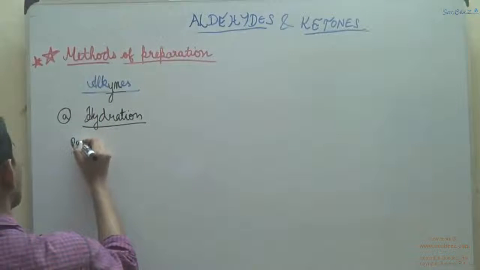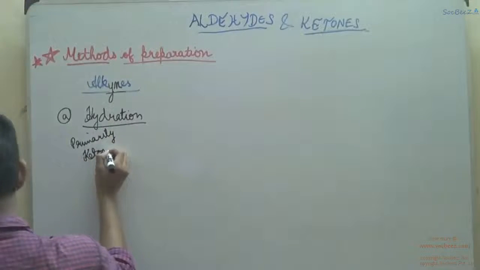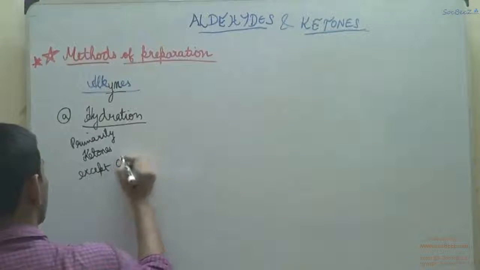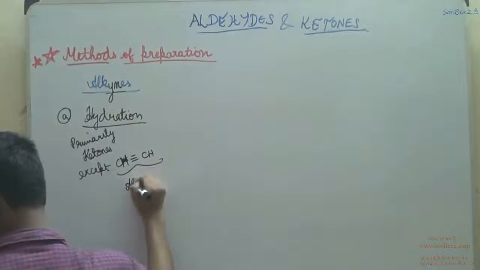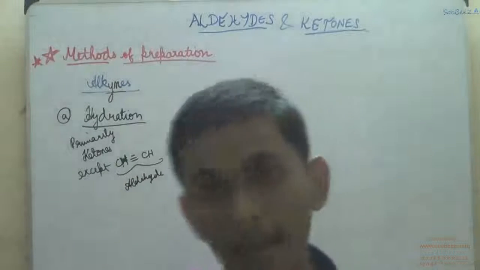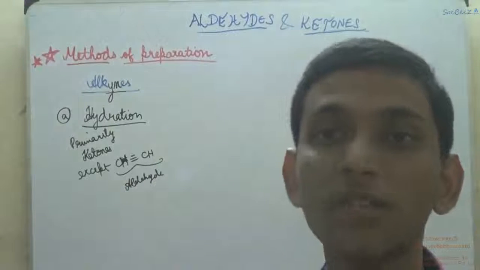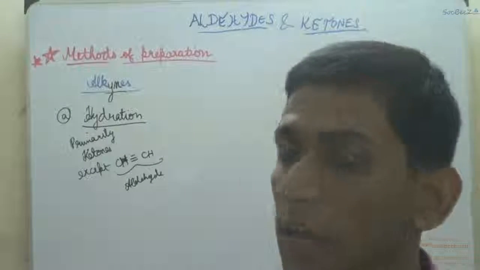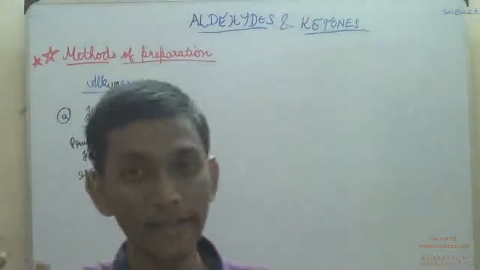Remember, you'll get primarily ketones except in the case of ethyne. In this case, you'll get aldehyde. So ethyne or acetylene is the only alkyne which on hydrolysis gives you aldehyde. All other alkynes on hydrolysis give you ketone.